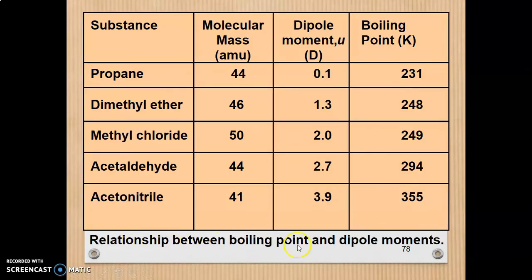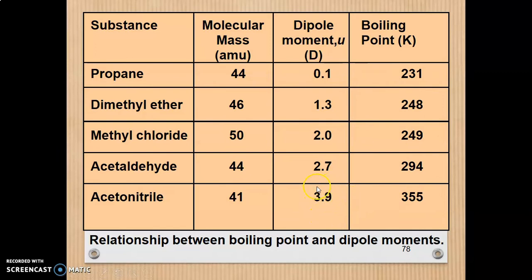Relationship between boiling point and dipole moment. In this table, we have propane, dimethyl ether, methyl chloride, acetaldehyde, acetonitrile. The molar mass is comparable, but the dipole moment increases from propane to acetonitrile, and the boiling point also increases from propane to acetonitrile.